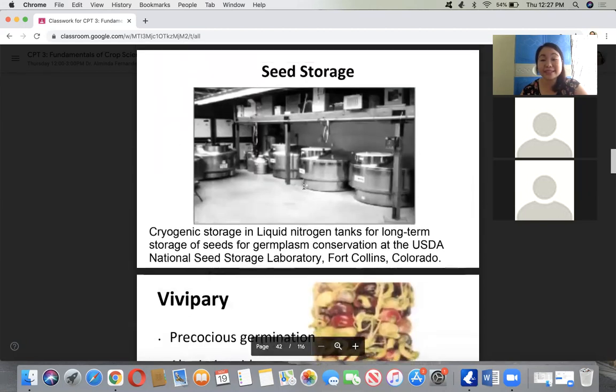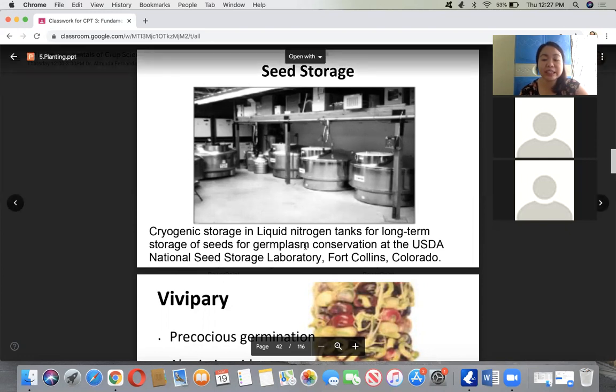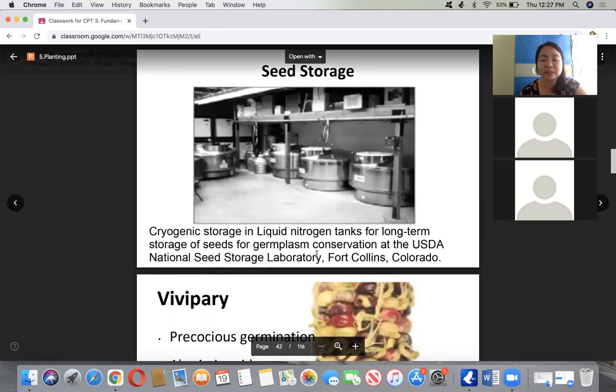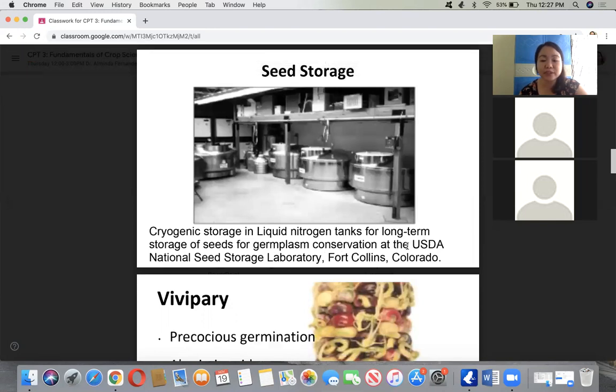But there is still, what do you call that, powerful seed storage, which we call cryogenic storage and liquid nitrogen tanks. This is for long-term storage of seeds for germplasm conservation.